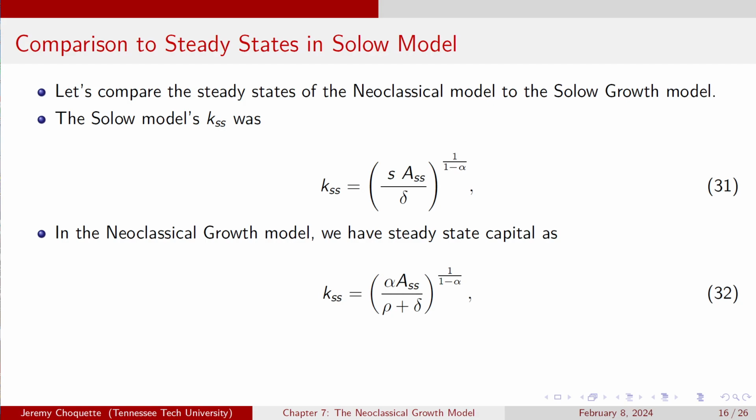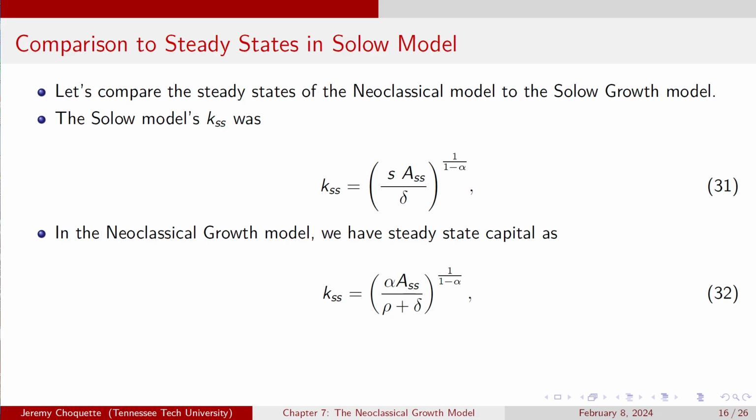Now, the exogenous variables that the endogenous variable is expressed as a function of might be a little different, but it's going to be something to the 1 over 1 minus alpha, right? So let's look at this. Well, we had S in the Solow model, savings. We have alpha in the neoclassical growth model. They're not really the same thing. Actually, they're not the same thing at all. They're related, though, right?